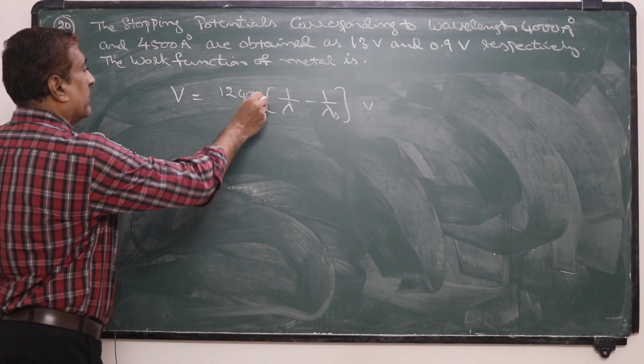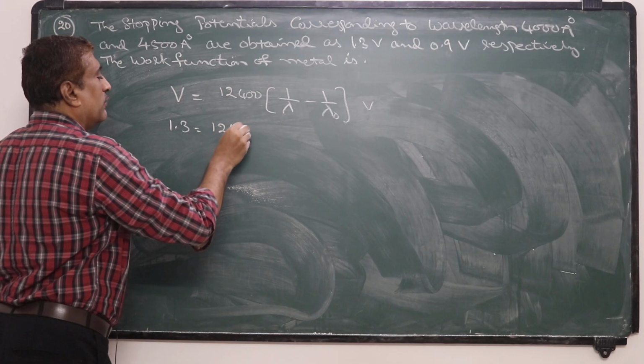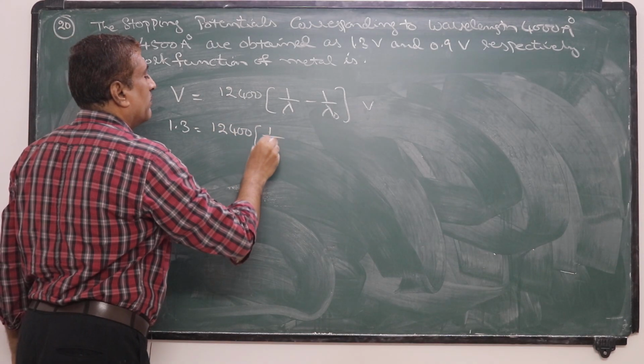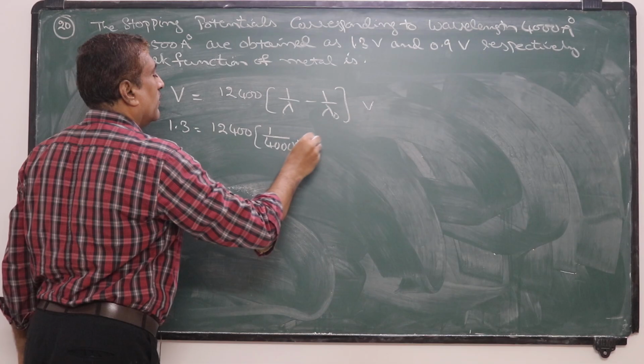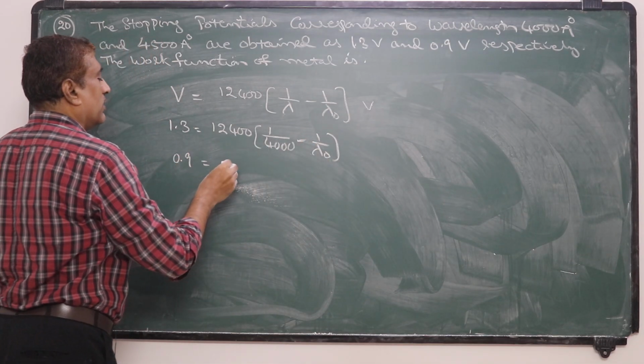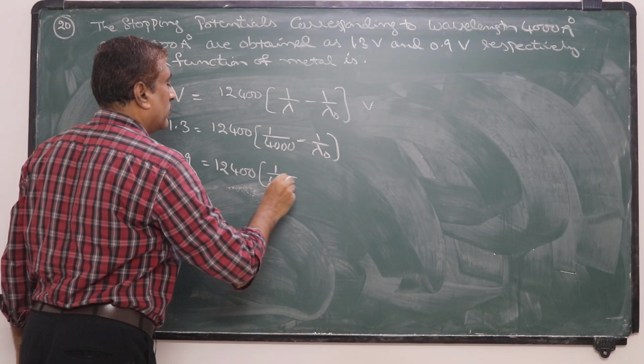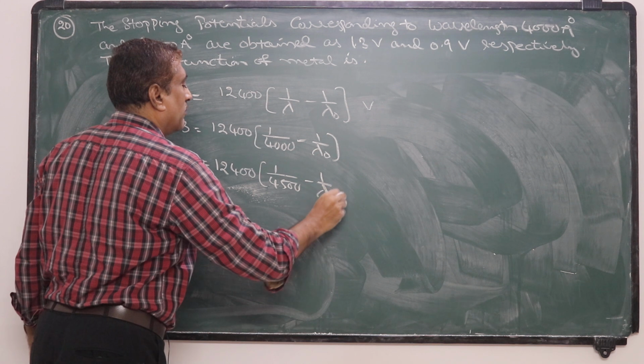Now writing for the first one, 1.3 is equal to 12400 into 1 by 4000 minus 1 by lambda naught. For the second one, 0.9 is equal to 12400 into 1 by 4500 minus 1 by lambda naught.